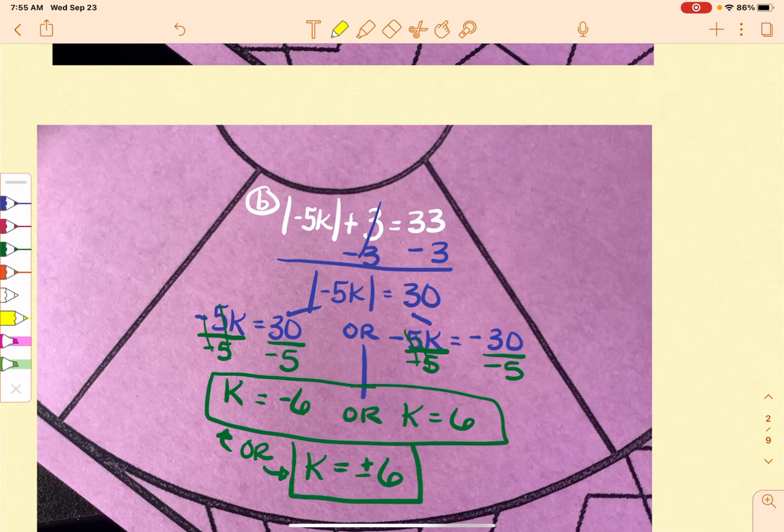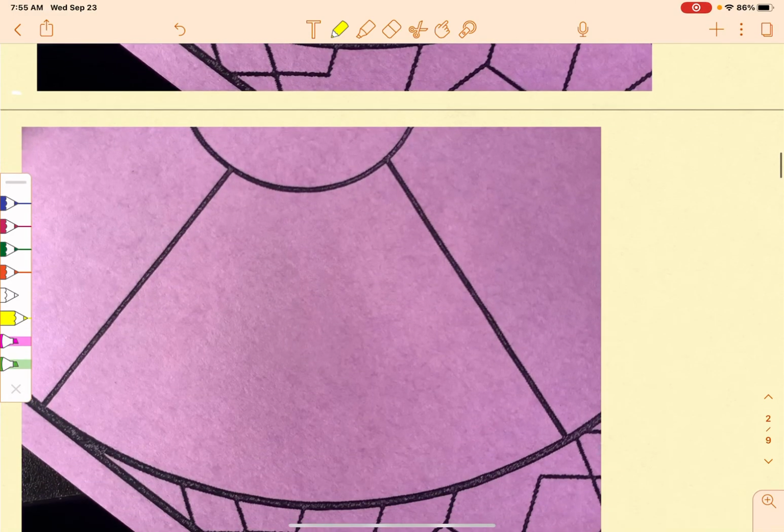Okay, now we're going to go to an inequality that we're going to solve and then graph. This will be our last piece for today. So for C, this is going to be my solving one. I have the absolute value of v plus 5 minus 6 is less than -5.